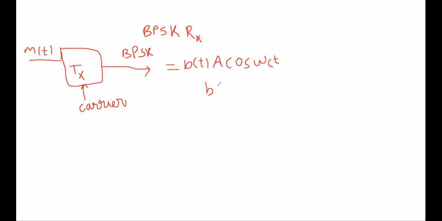Okay, so this B of t has two values. B of t is equal to a positive value, or we can say plus 1. So plus 1 multiplied with this will make this signal positive, or B of t can have a negative value. B of t will be positive when logic 1 is the modulating input to the modulator, or if logic 0, then it will be negative.